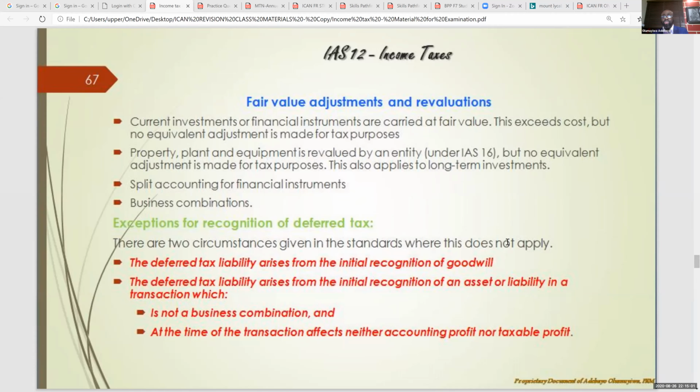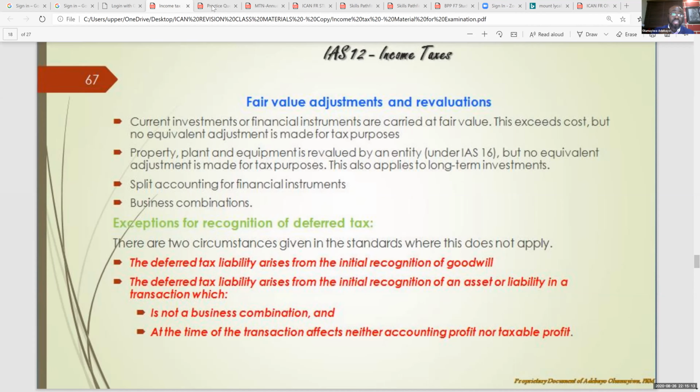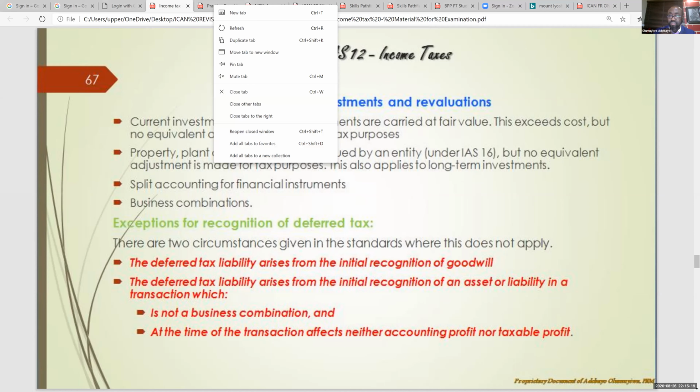I will take you through a practical process of that, okay? But that is for professional level, for corporate reporting. When you check my practice question, I think I included it there, but that is solely for people in corporate reporting, where we need to look at the effect of deferred tax in a business combination.